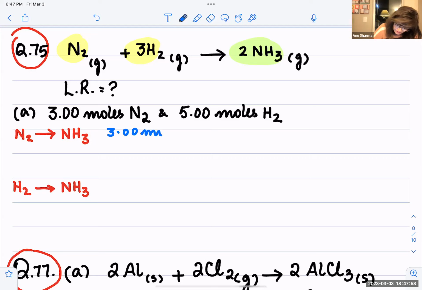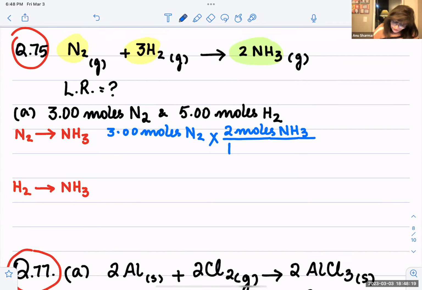3.00 moles of nitrogen N2 times, let's see how many moles of ammonia you can get. From the balanced equation, you see that 2 moles of ammonia are produced when 1 mole of nitrogen reacts.